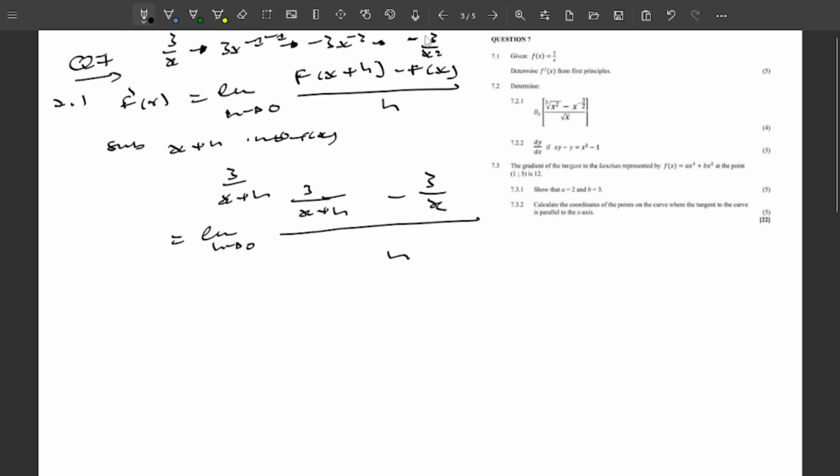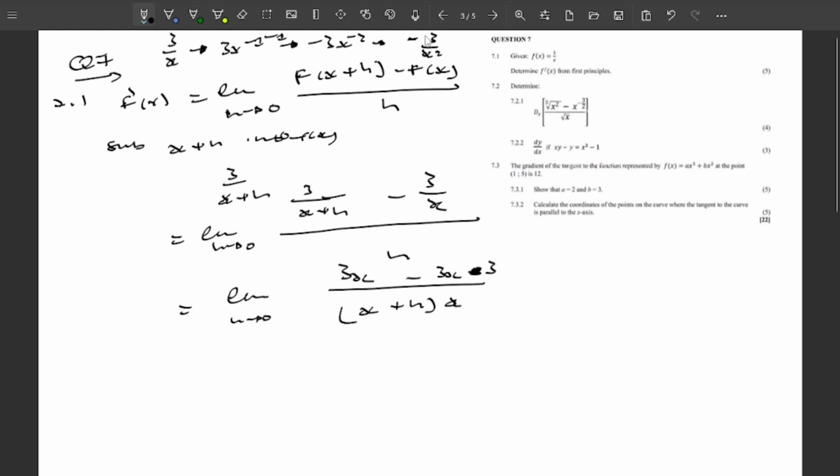What would happen is you find the common denominator, which is x plus h multiplied by x. Remember that this is 3, by the way. So this is going to be 3x minus 3x plus, it's going to be minus 3h.